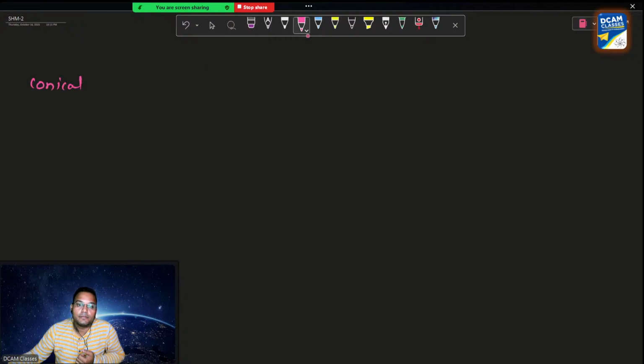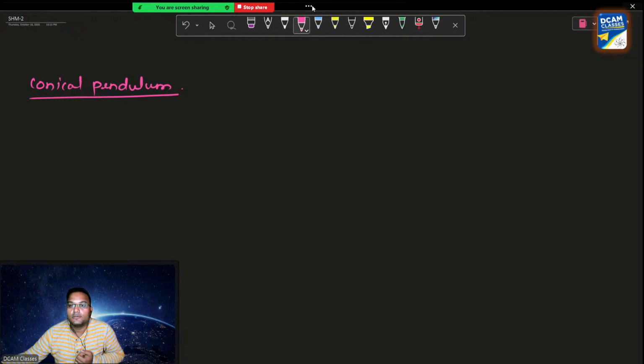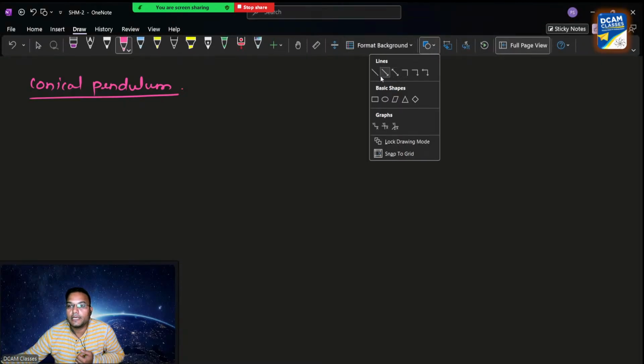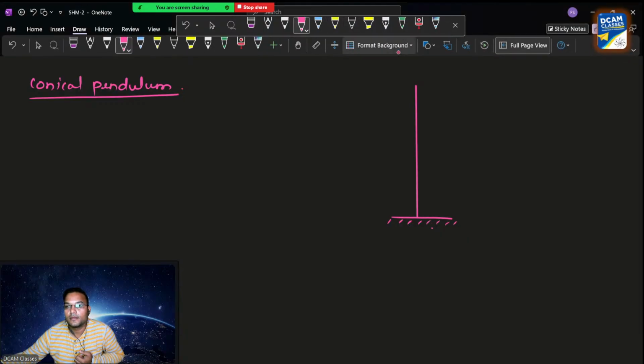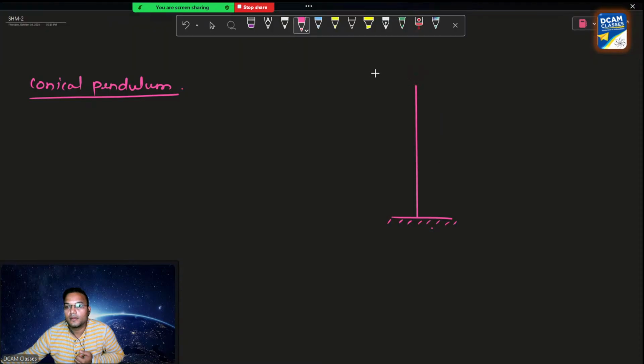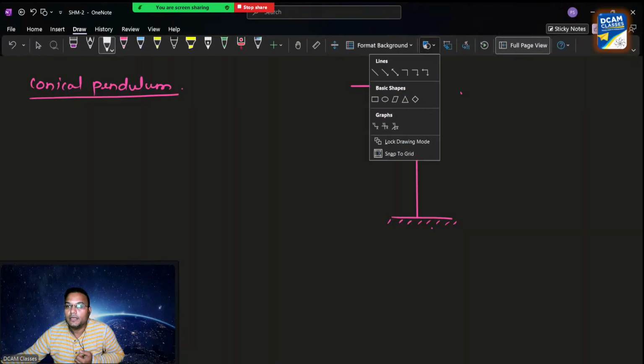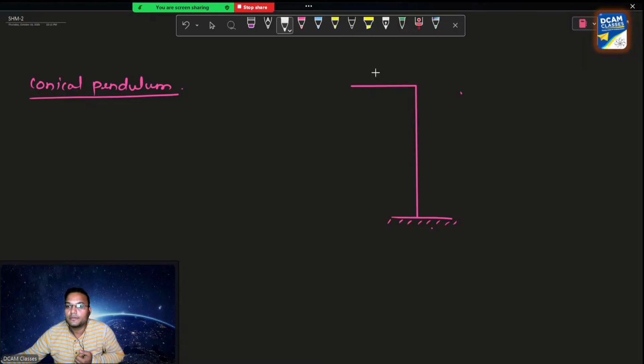Conical pendulum. What is this conical pendulum? It's like this. Here it's supported from the bottom. And from here, there will be a thread with a ball attached to it.